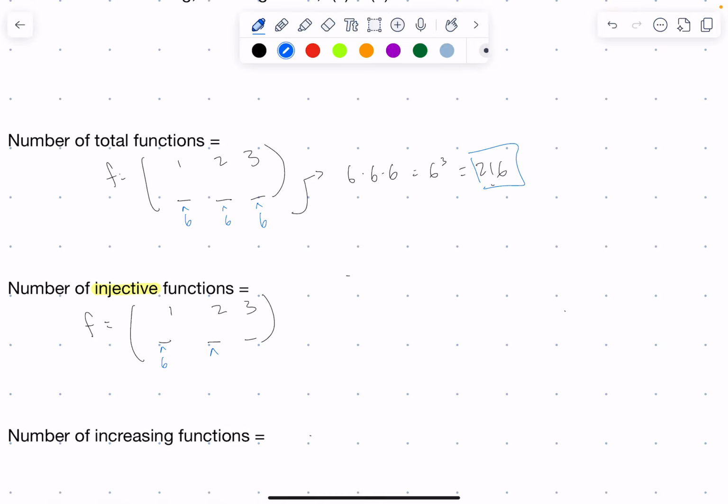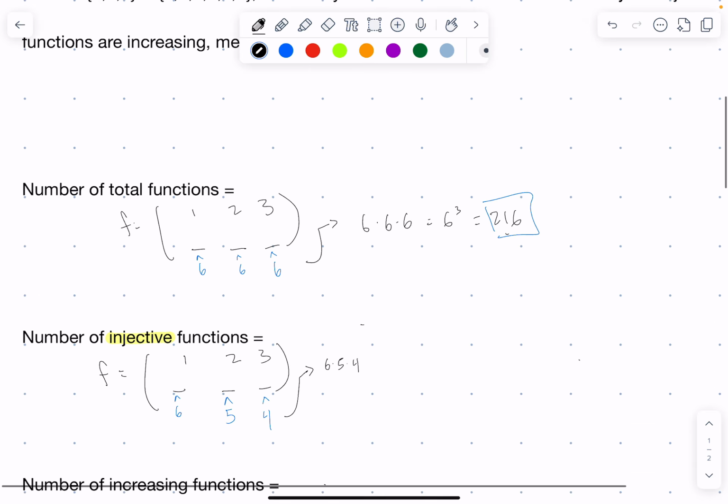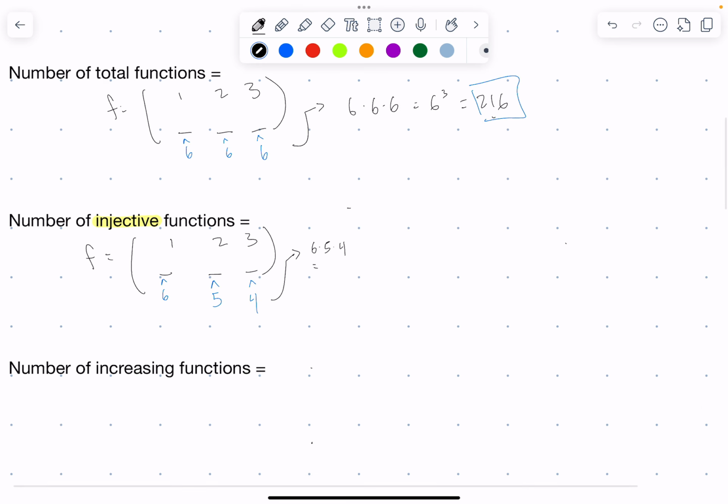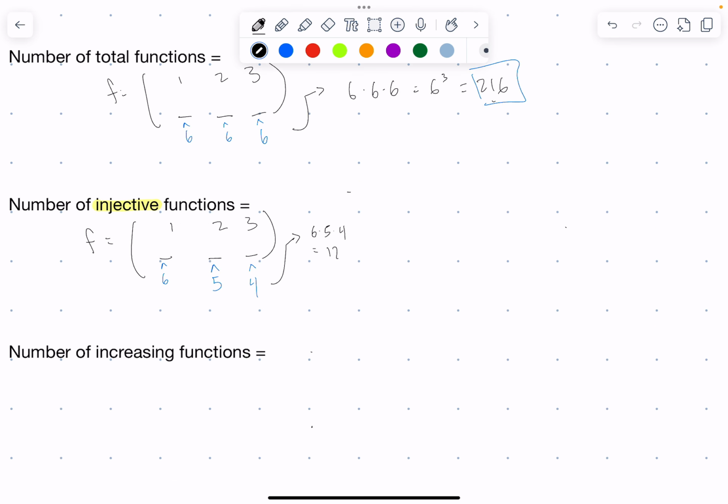Because we will have selected a number for the first output, we'll only have 5 options for the second. And for the third, we'll only have 4. So this could be thought of as 6 times 5 times 4, which is equal to 120 injective functions.